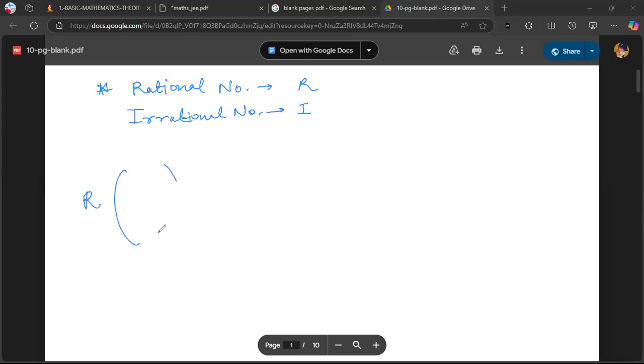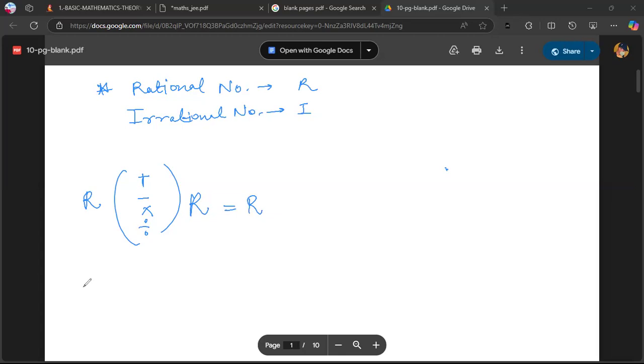So this is an important property of numbers. I'm representing rational numbers as R and irrational numbers as I. Okay. So whenever we do these operations with two rational numbers, if they are added, subtracted, multiplied or divided, the result will also be rational.